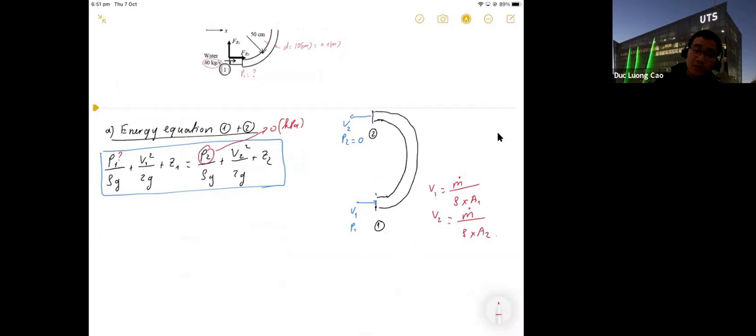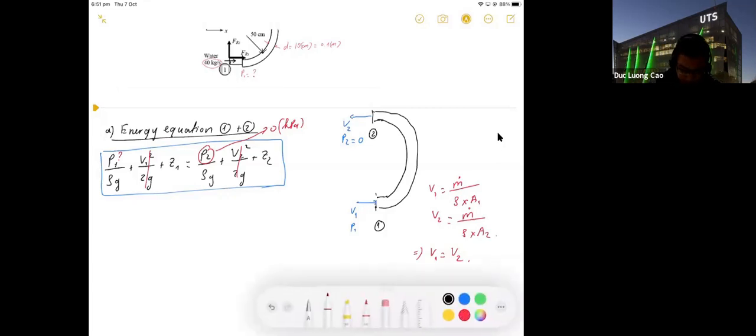Mass flow rate equals density times velocity times cross-section area. It means you have V1 equal to V2. Same diameter, same velocity. It means you can cancel out the kinetic energy. You don't have to find V.